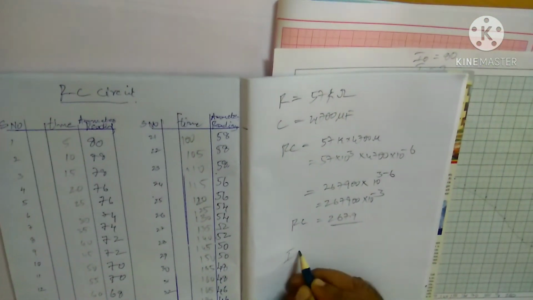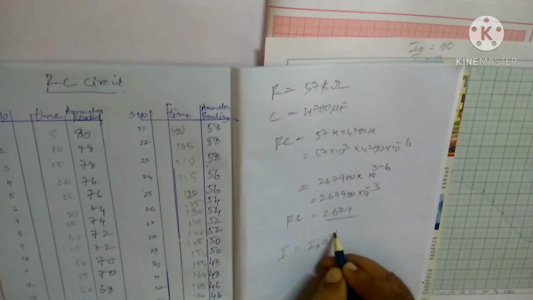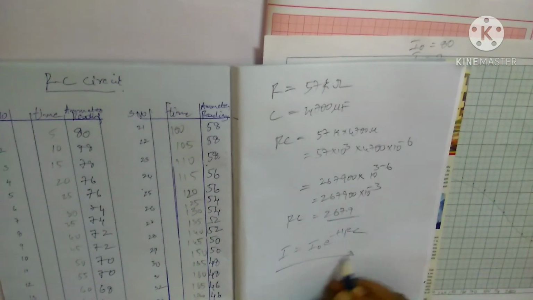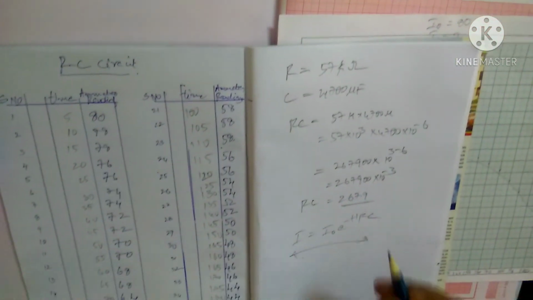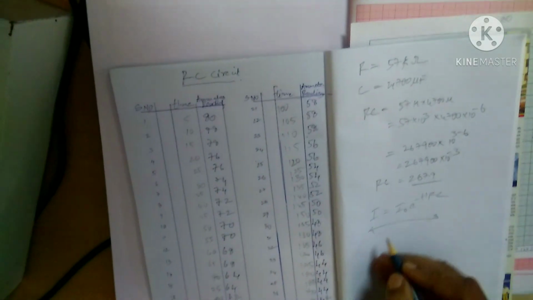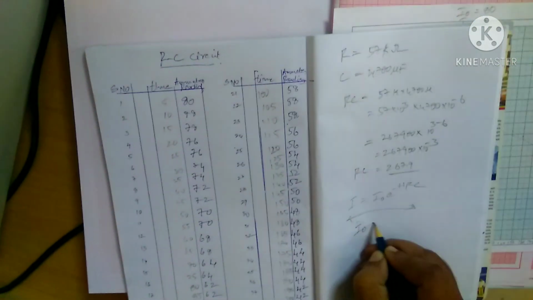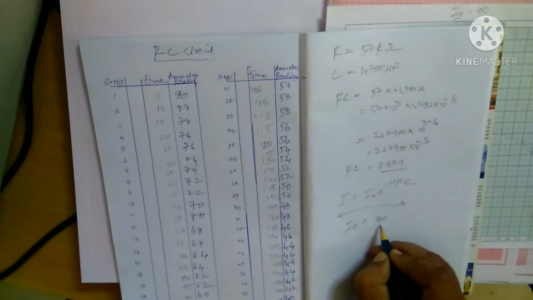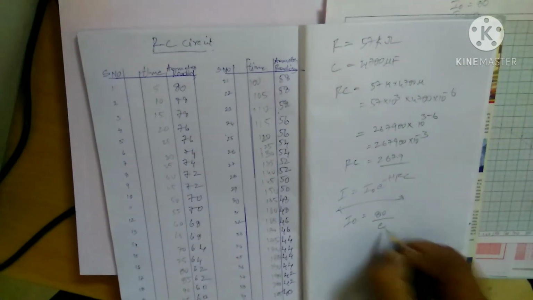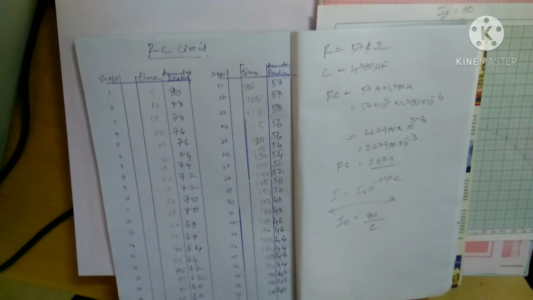So what is that we get? I equals I naught into exponential of minus t by RC. We are going to calculate this value. So from this, the maximum value I naught we got as approximately 80. So divide this by the e value, the exponential value. So what is the exponential value?